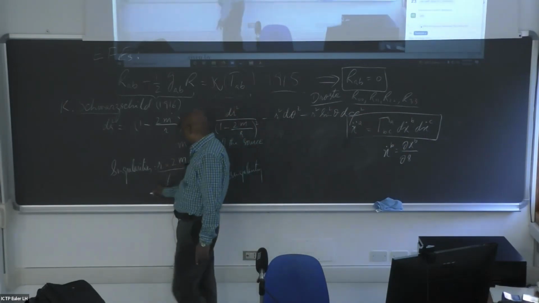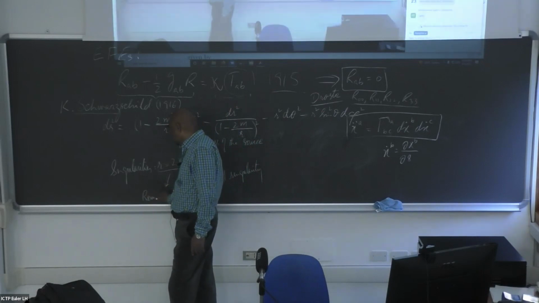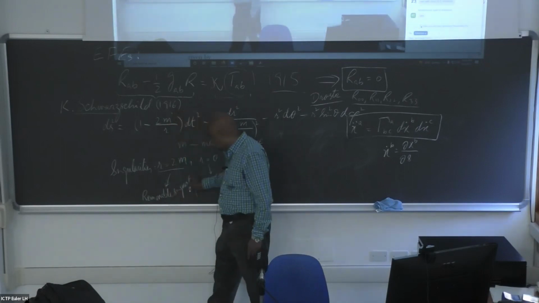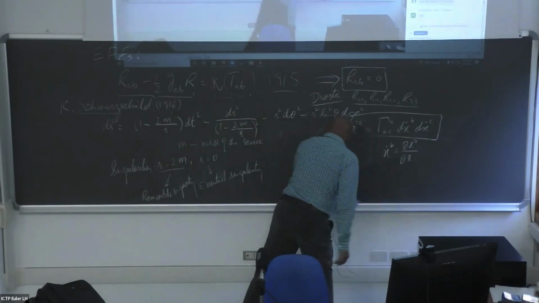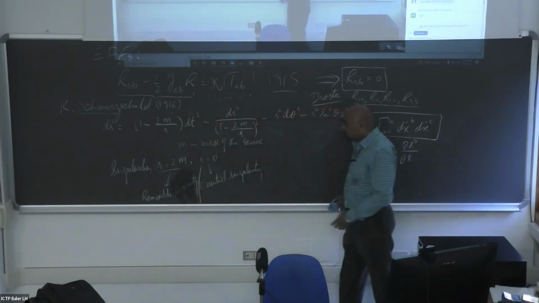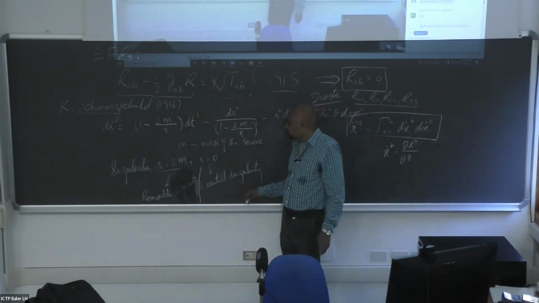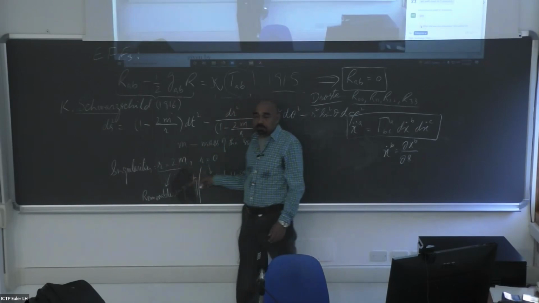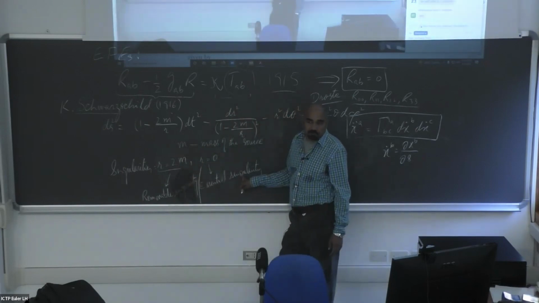So that is why it's called a removable singularity. It can be removed. There are different names for these: this is called the coordinate singularity, and the other is called the singularity of the physics.